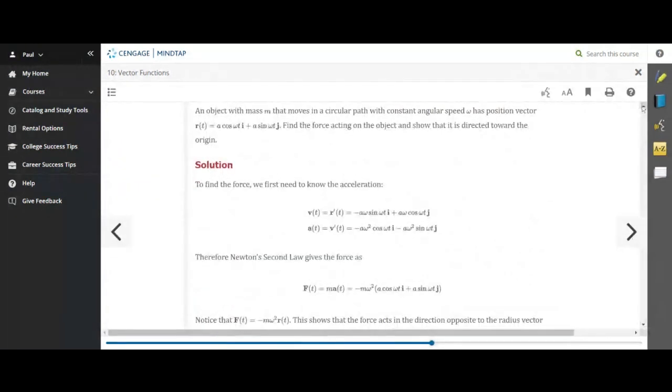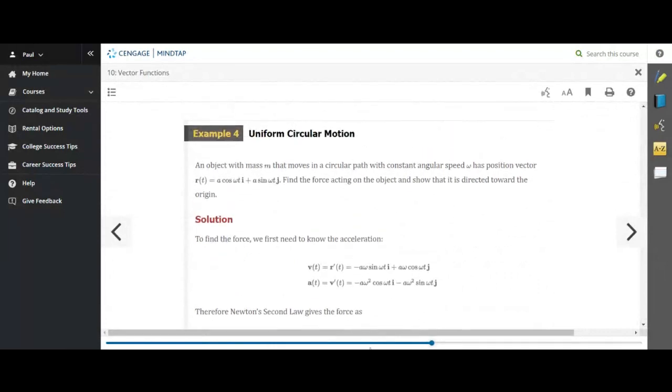Another concept that I think we should at least mention here is uniform circular motion. An object with mass m that moves in a circular path with constant angular speed omega has position vector r of t equals a times the cosine of omega t times i plus a times the sine of omega t j.